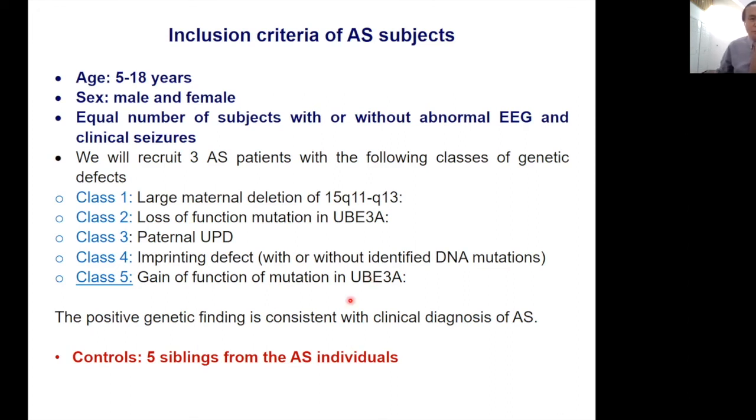As I said, we will collect 3 AS patients for each class 1 to 5. And we're also going to create 5 controls. We prefer, if you have a healthy sibling in the family, that they can donate about 5 cc of blood for this project.